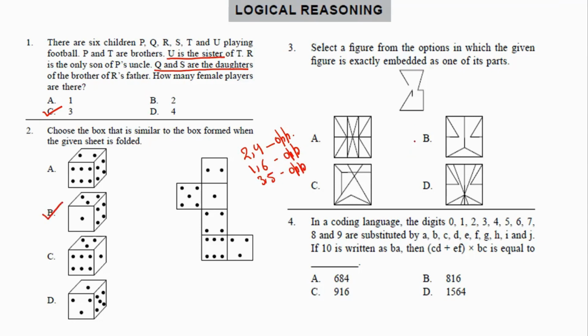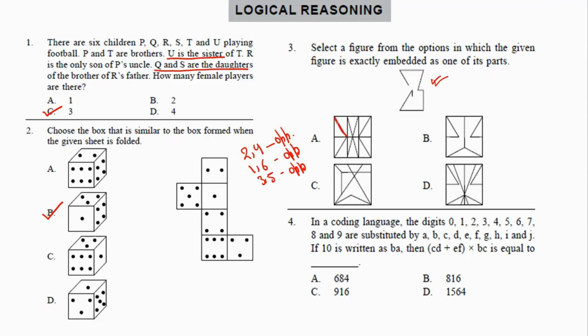Okay. Now we come to question number 3. Select a figure from the options in which the given figure is exactly embedded as one of its parts. So we have to find this figure in one of the 4 options. So let's see. Coming to the first one, this will start from here.